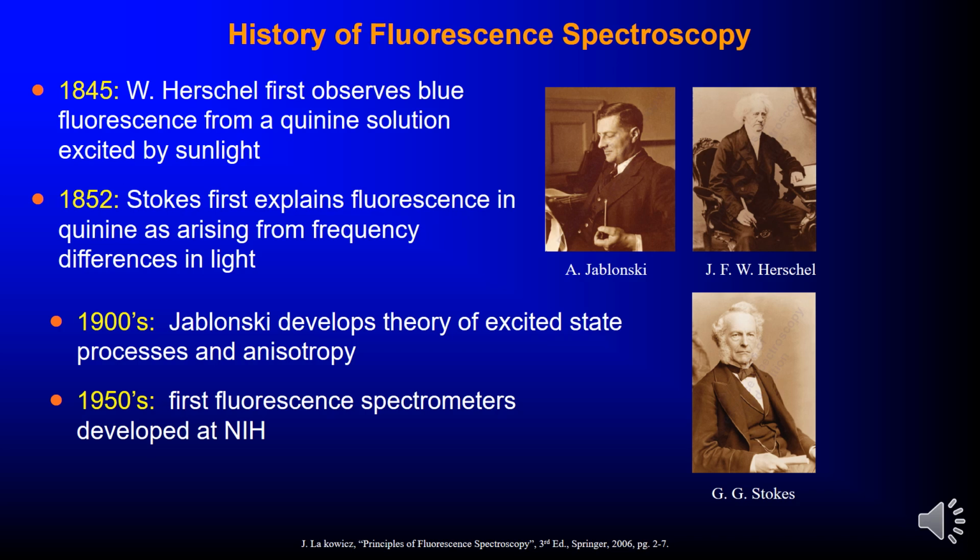Then in 1852, Stokes first explained fluorescence in quinine as arising from frequency differences in light. In the 19th century, Jablonski developed the theory of excited state processes and anisotropy. In the 1950s, the first fluorescence spectrometers were developed at NIH.